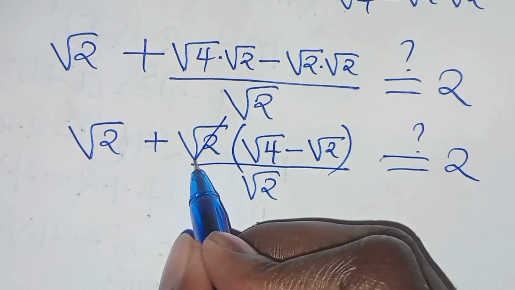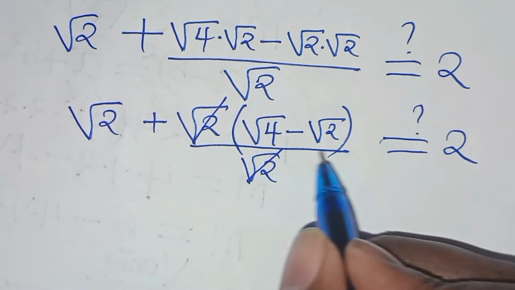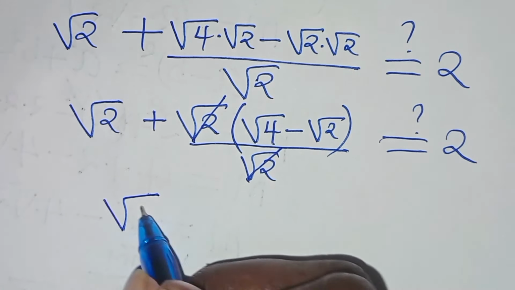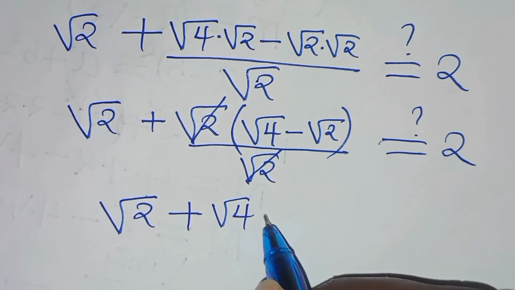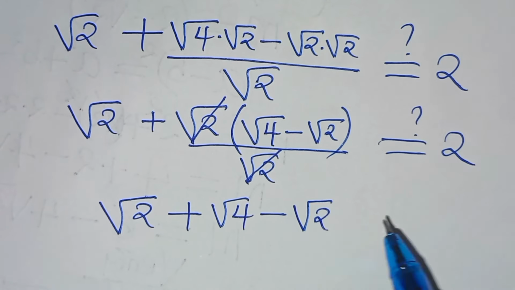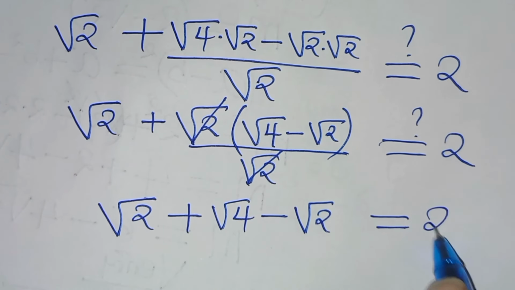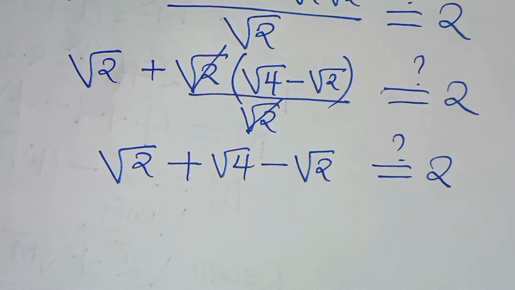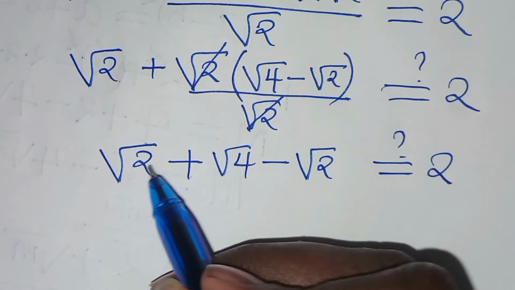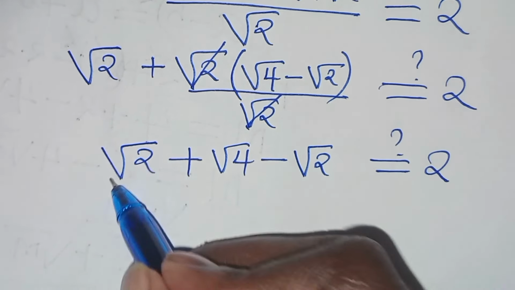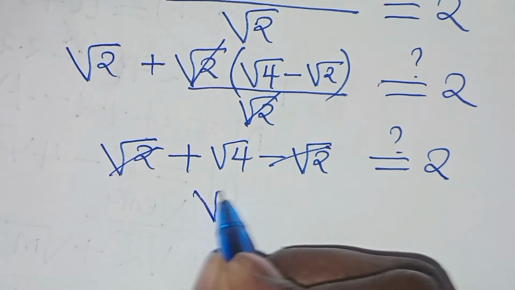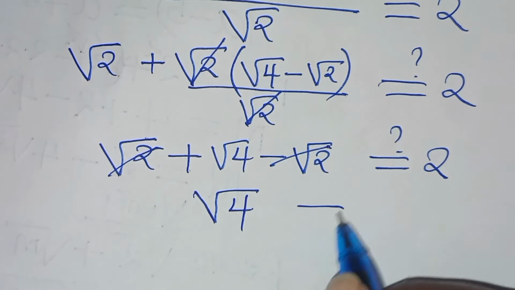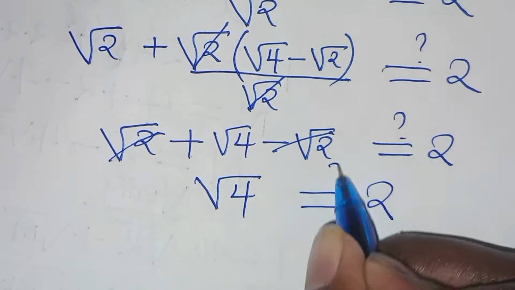So square root of 2 and square root of 2 simplifies, so that we have square root of 2 plus square root of 4 minus square root of 2. This is supposed to be equal to 2. So from here, square root of 2 minus square root of 2 simplifies, so that now we have square root of 4. This is equal to 2.